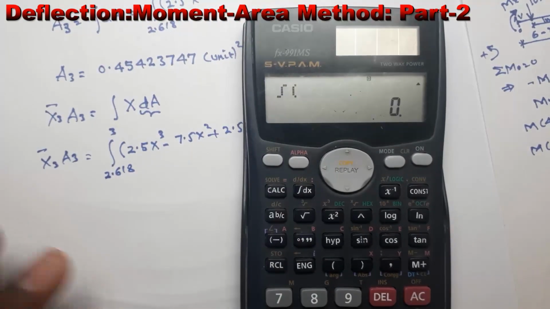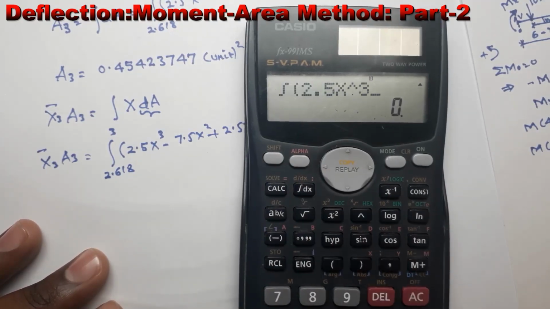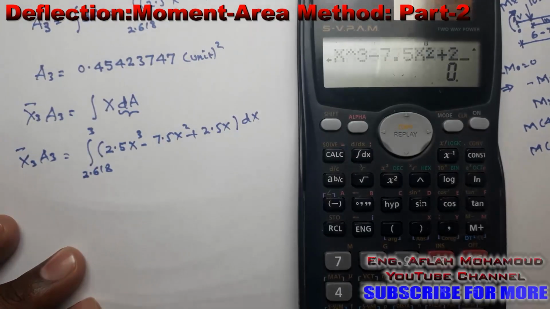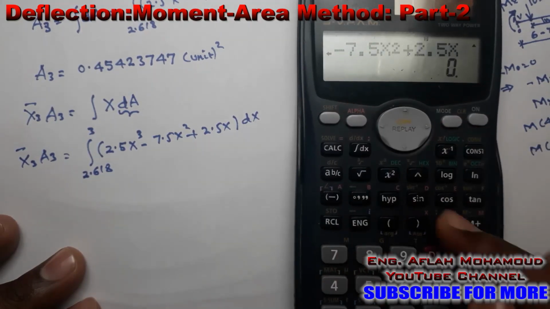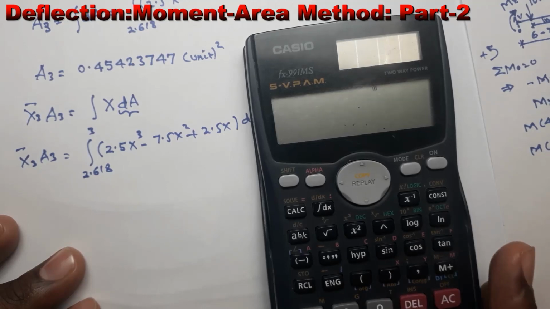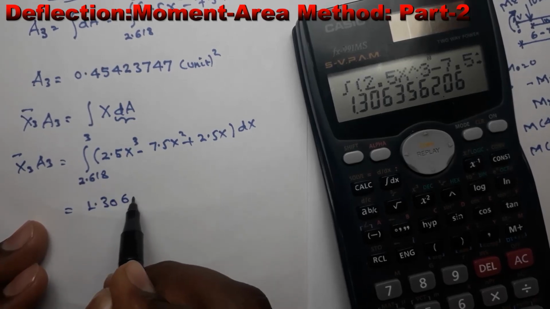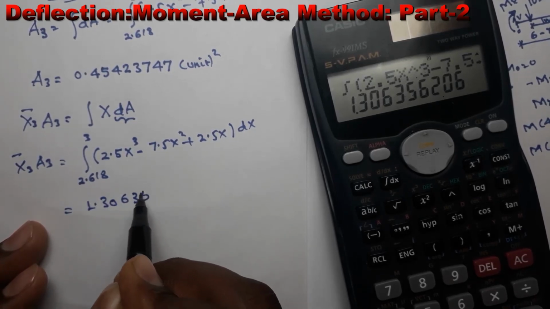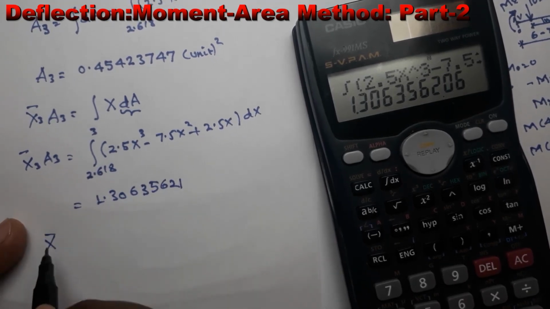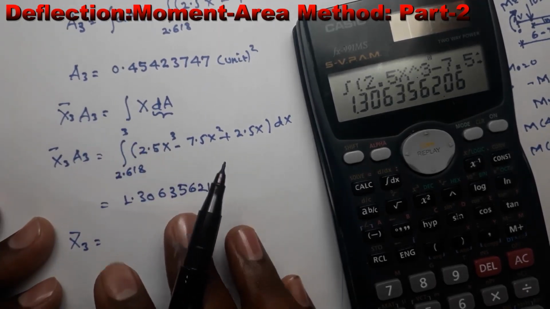Integrate this one using the calculator. Integral of 2.5x to the power of 3 minus 7.5x squared plus 2.5x, from 2.618 up to 3. This is 1.30635621. Now x bar 3 equals this divided by A3, where A3 equals 0.45423747.